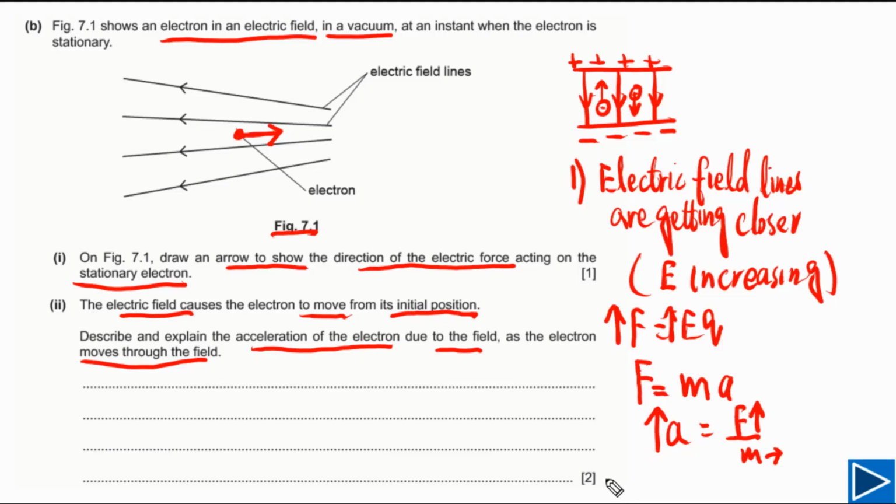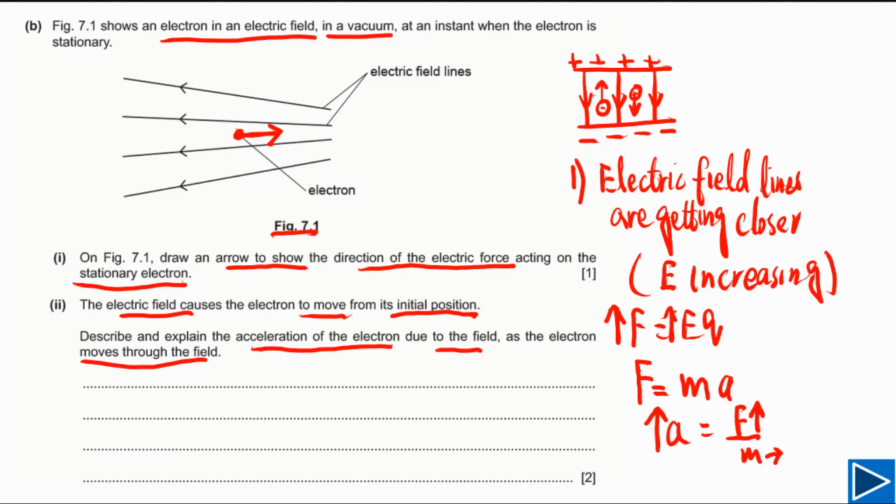So simply we need to explain that the force on the electron is increasing because the electric field is getting stronger, so the acceleration of the electron will increase. This is not a uniform electric field, this is a non-uniform electric field.